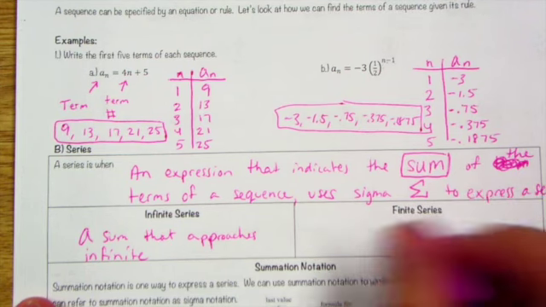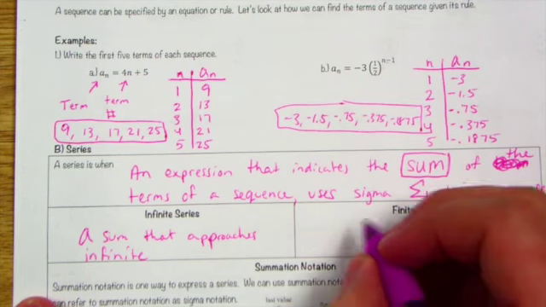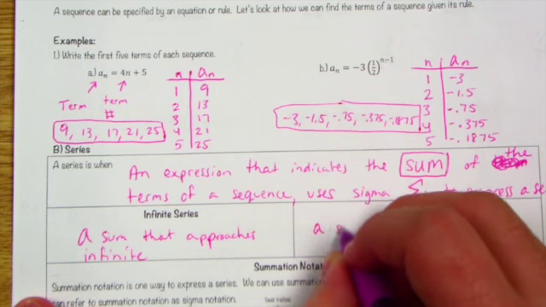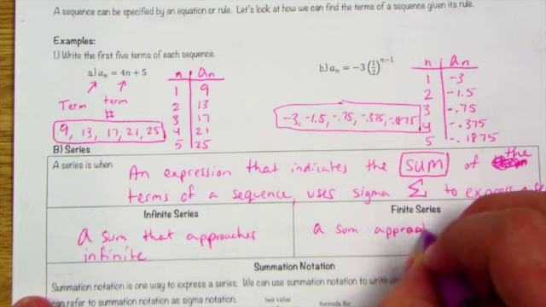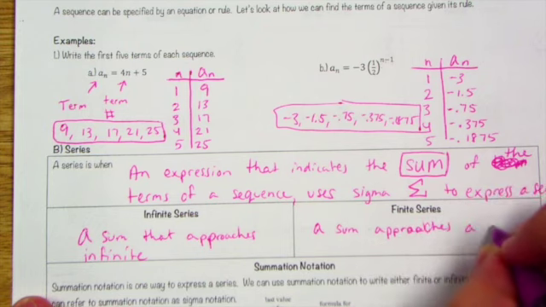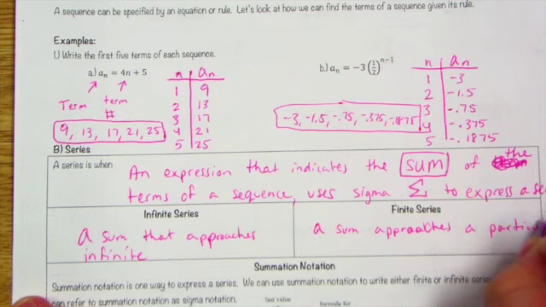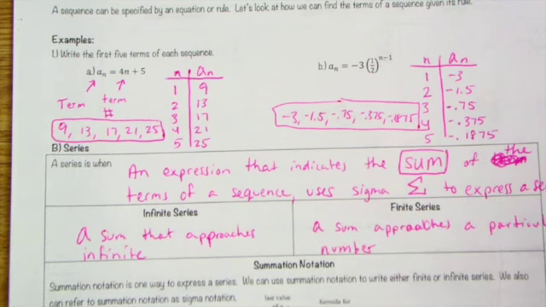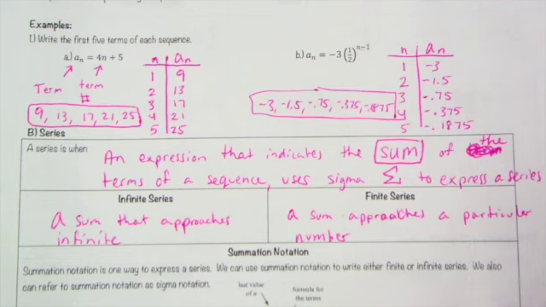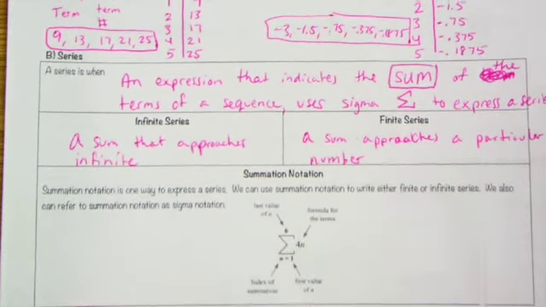Whereas a finite series is where a sum approaches a particular number. Sometimes when we add up all of the numbers within a sequence, it gets to just one single number, and we'll talk about that a little bit later. But that's that. So this is what a sum will look like down here.